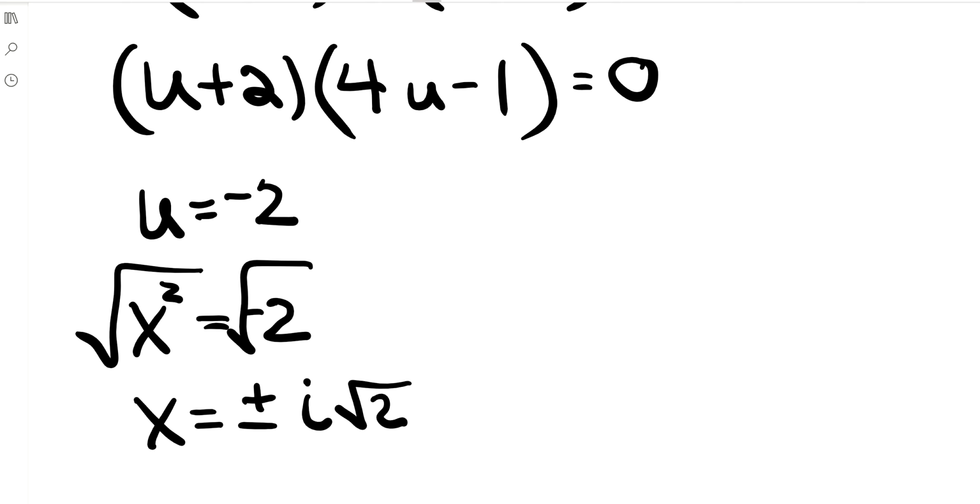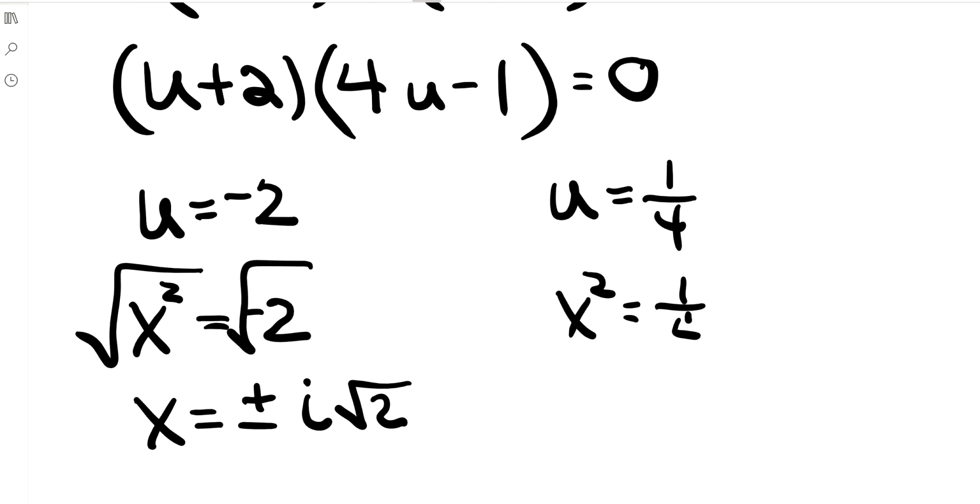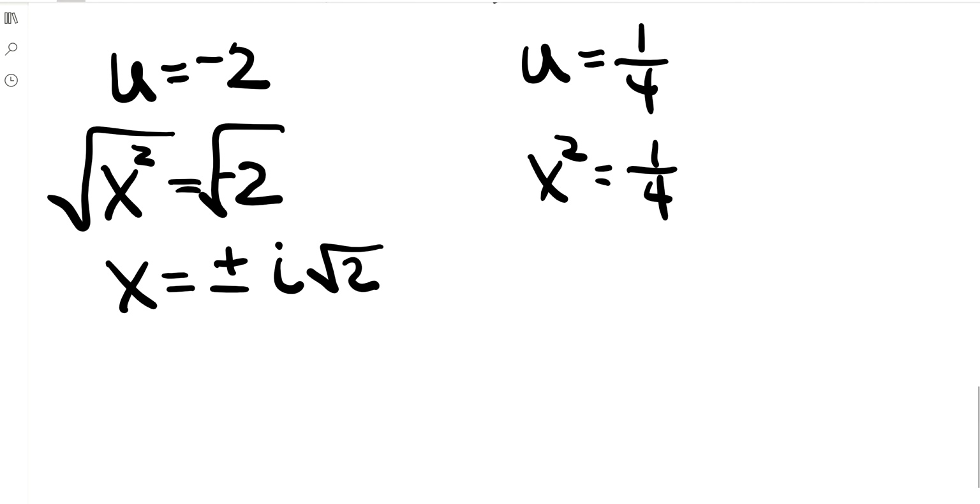Let's get it in terms of u first. So that means u is going to equal 1/4, right? I'll add 1 and then divide by 4. And then u equals x squared. Okay, I like that. And then take the square root of both sides.